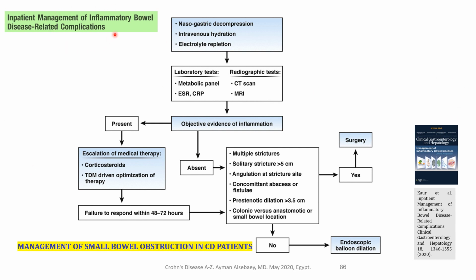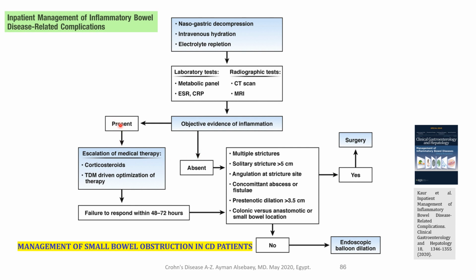If we face a patient with intestinal obstruction, I will fix nasogastric decompression, NGT, hydration, correction of the electrolytes. We will do CT and MRI and the inflammatory parameters, okay, to assess the degree of inflammation from the start.